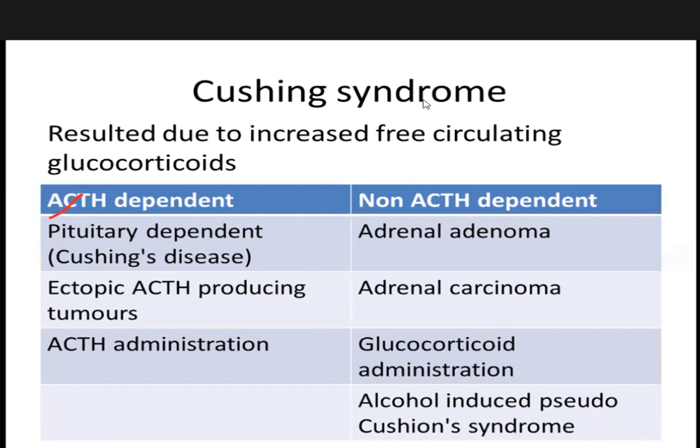Cushing syndrome we can basically categorize into two categories: ACTH-dependent causes and non-ACTH-dependent causes. ACTH-dependent causes are pituitary-dependent, that is the pituitary gland secreting elevated levels of ACTH, that is Cushing's disease, and ectopic ACTH-producing tumors, mainly carcinoma of the bronchus or carcinoid tumors, or ACTH administration, right?